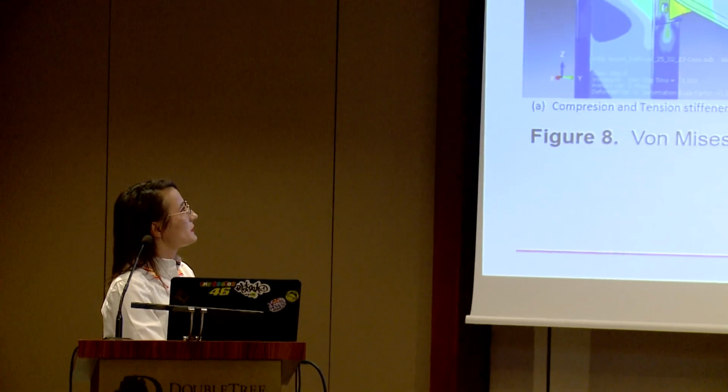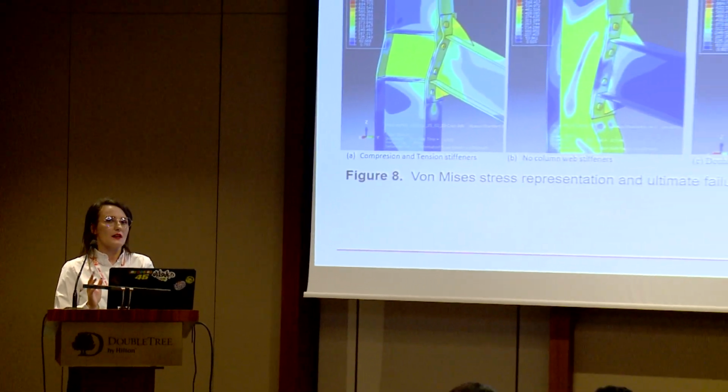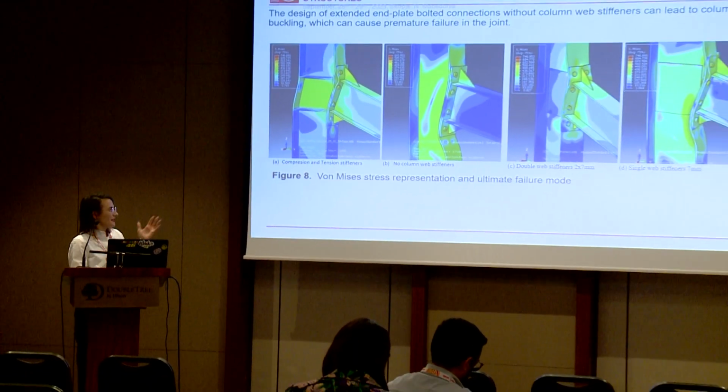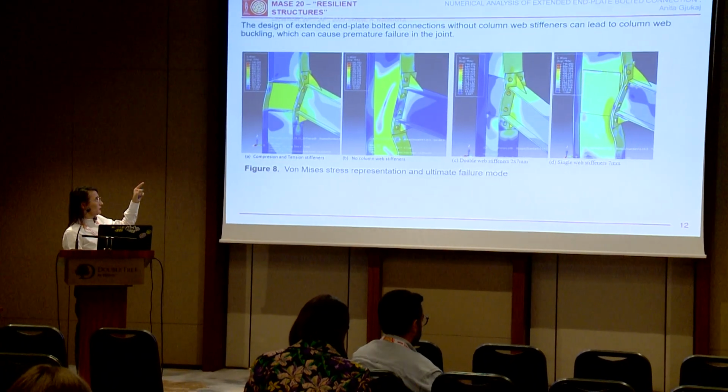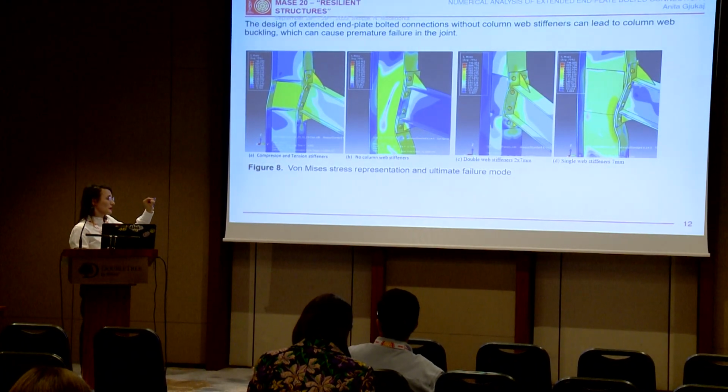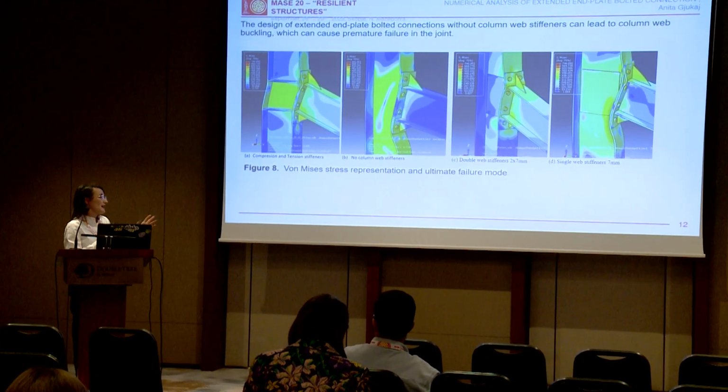It is seen that at type 1, with the compression and tension stiffeners, there is bending deformation of the end plate and column flange, and also bolt rupture as a failure mode, as is known in the Eurocode as failure mode 2.